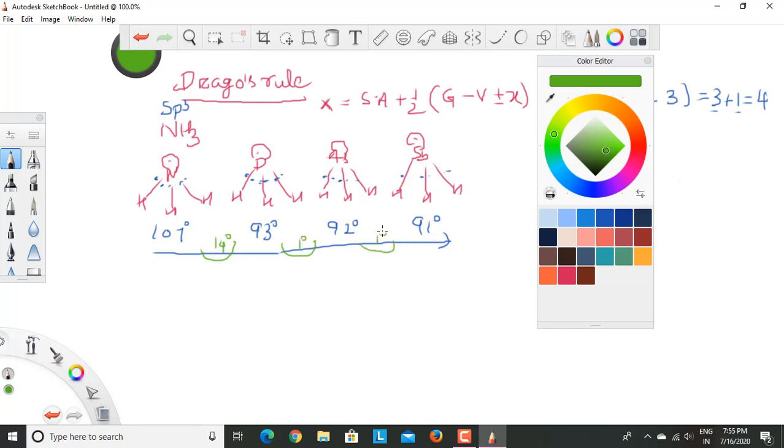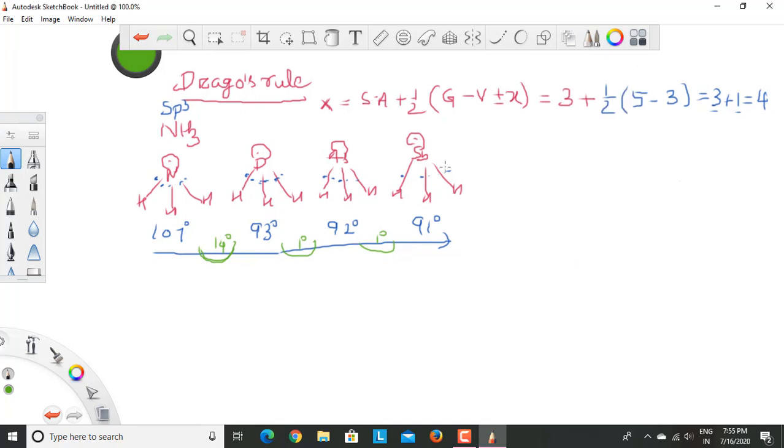Here there is so much decrease in bond angle, and here the bond angle decrease is very small. Now these angles are all close to 90 degrees.